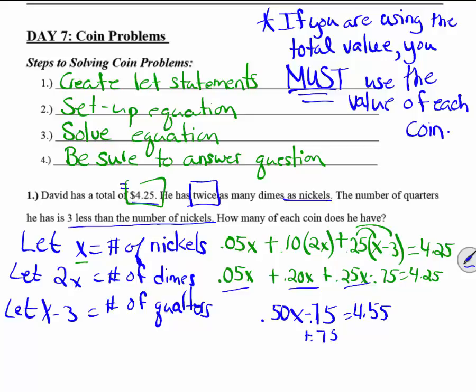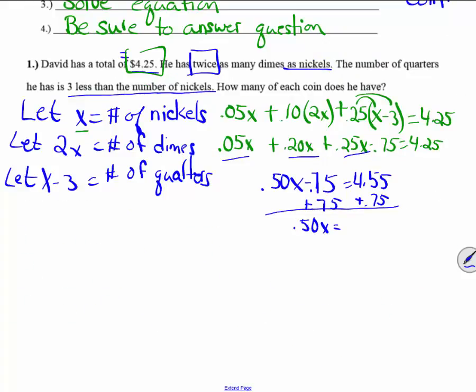Add 0.75. So 0.50x equals, if I add those together, oh my gosh, I did it again. Sorry. This should be 4.25, like it said over there. I keep writing it wrong.